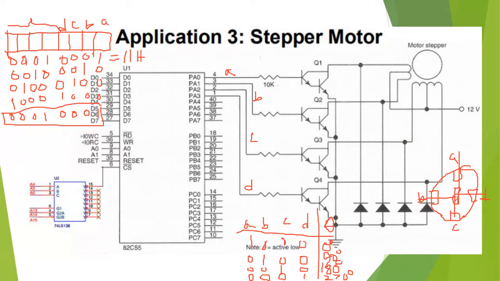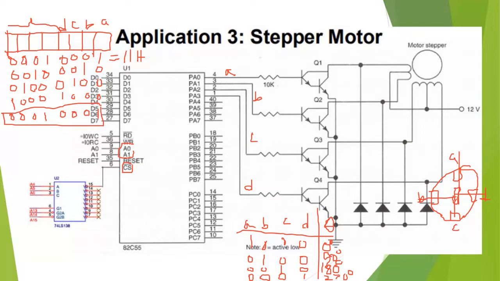Okay, so now, for example, this one is the stepper motor circuit diagram. We can find the addresses of the ports using chip select signal and A0 and A1 easily. This is not our main thing because we already learned it. Here only port A is used.